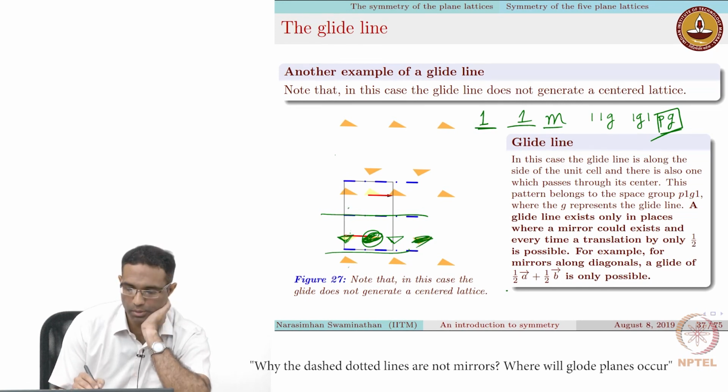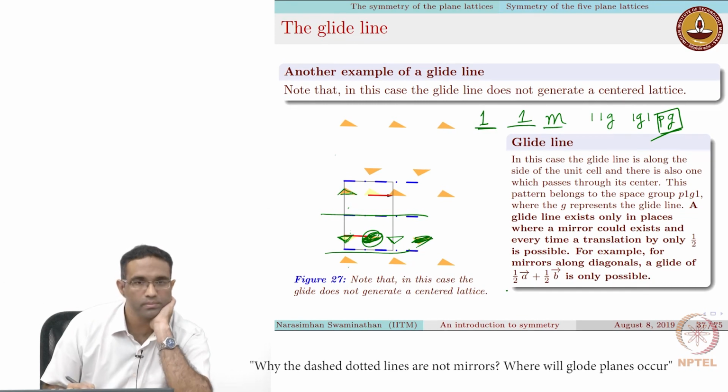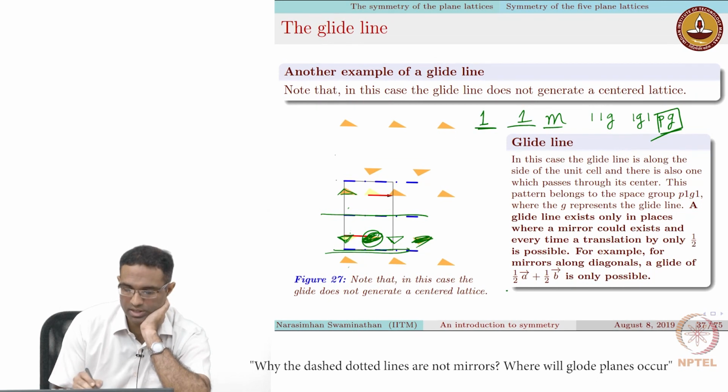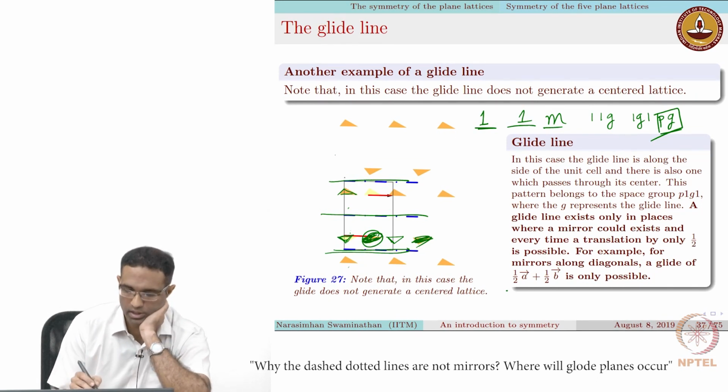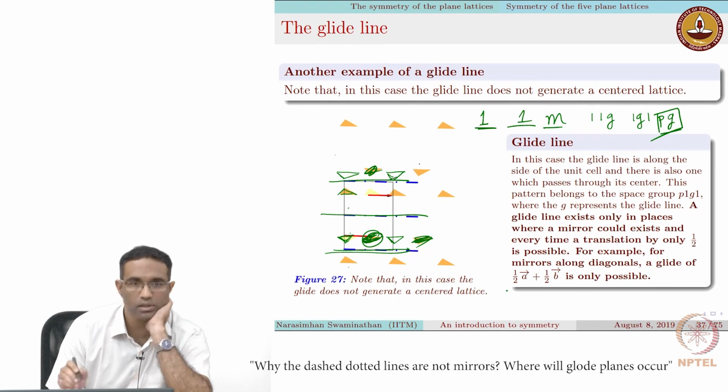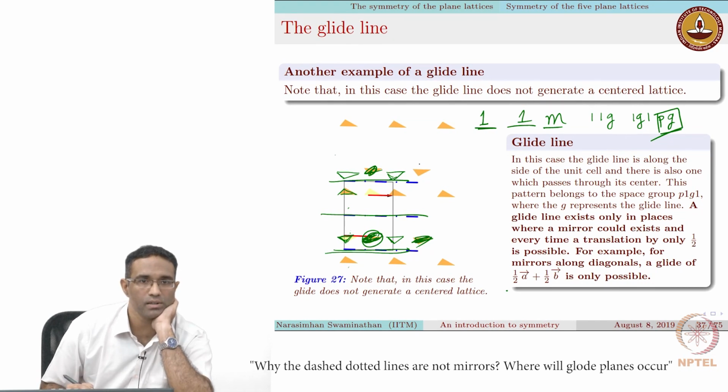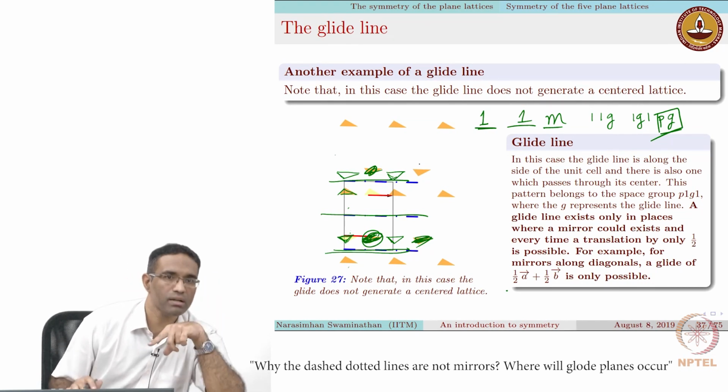Now when I reflected about this, this will be generated, right? Yes or no? There is a mirror here means there is also a mirror here. There is no doubt about it, which means this will be generated and this is not going to be generated, and this will be generated. Correct?